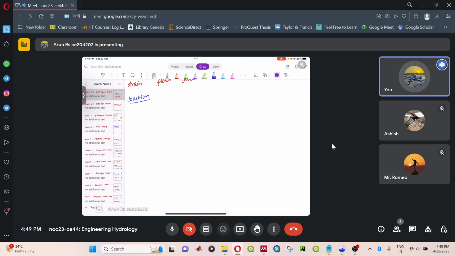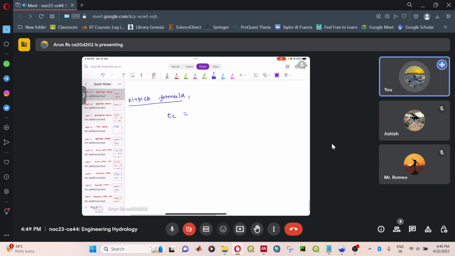So the first step is to calculate the design rainfall intensity, and for that we need to know the time of concentration. So time of concentration can be calculated by Kirpich formula in this case. This is an empirical formula.